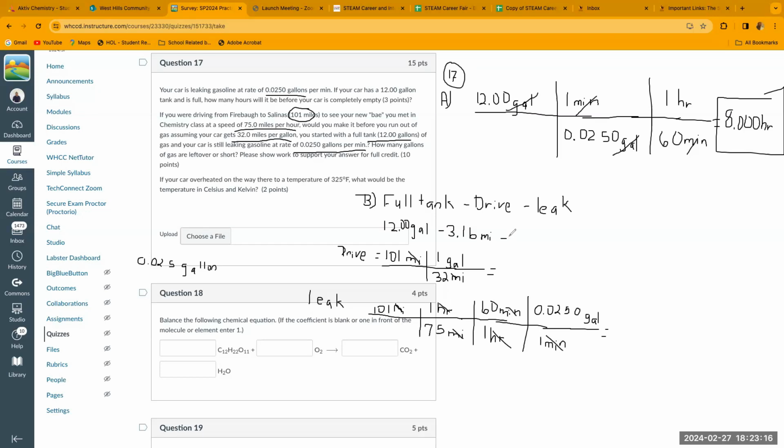So then we end up with 2.0, and since we had 3 sig figs, 2.02. And that should be gallons. Sorry, this is 3.16 gallons, not miles.